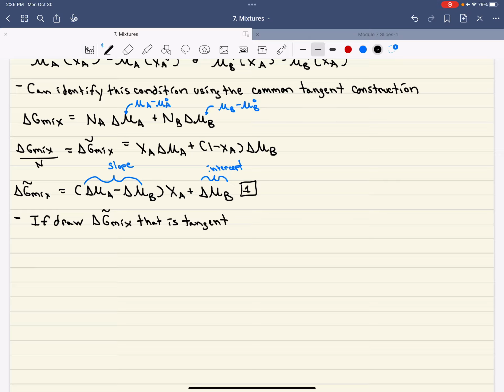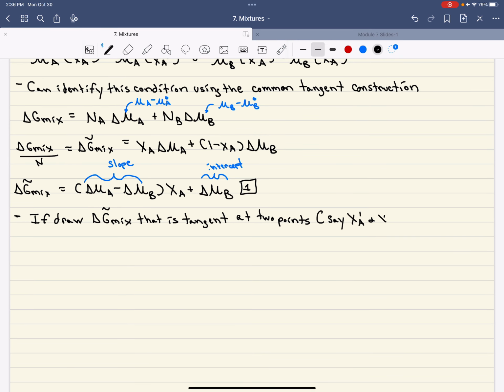It's tangent at 2 points, XA prime and XA double prime. You can use equation 1 to get delta mu A and delta mu B.